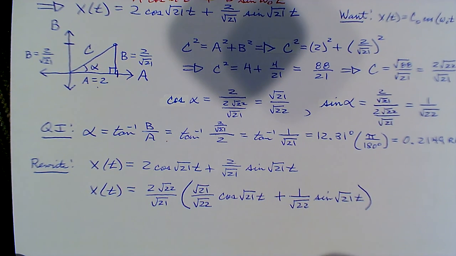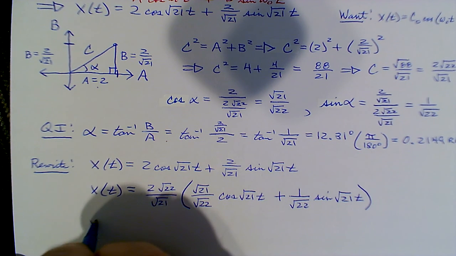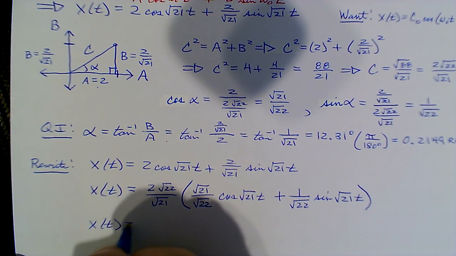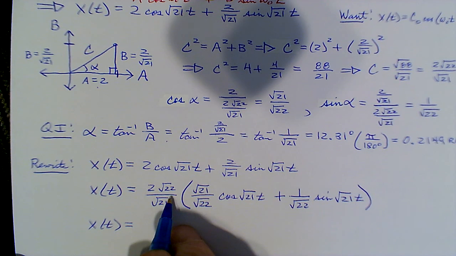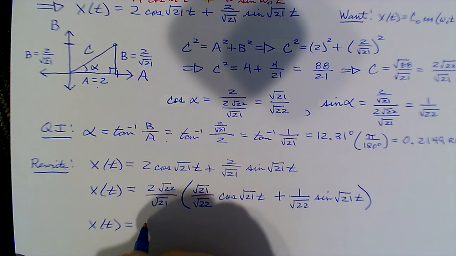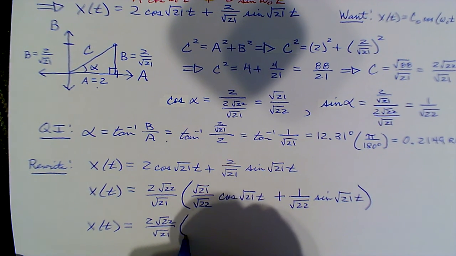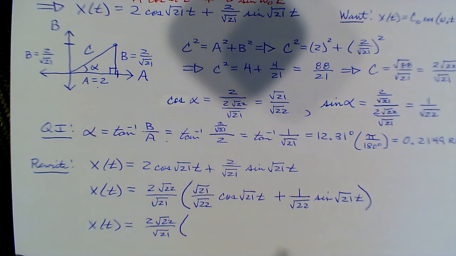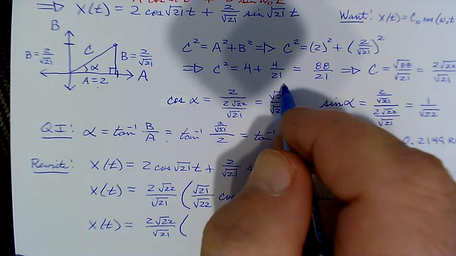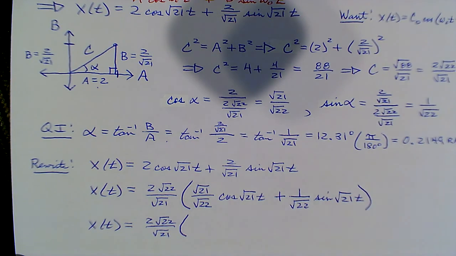But it's always going to work out such that the value of c that we factored can stay, but the new coefficient of the cosine is always going to turn out to be the cosine of alpha.